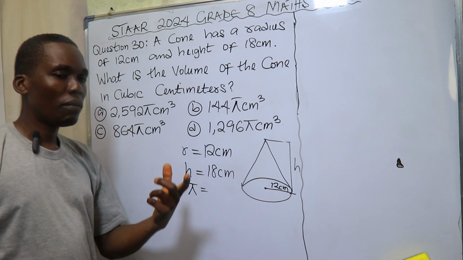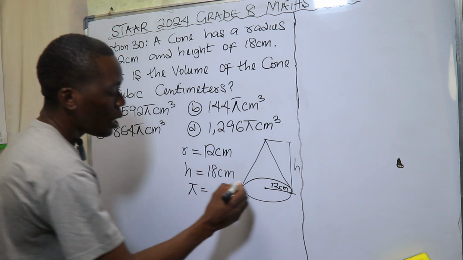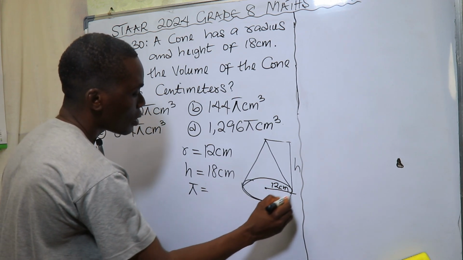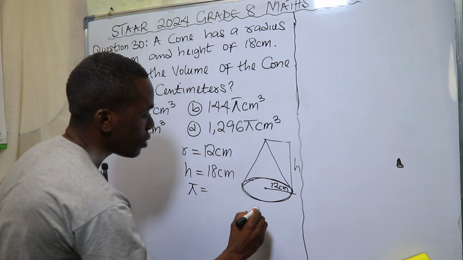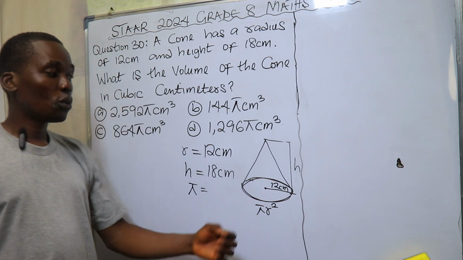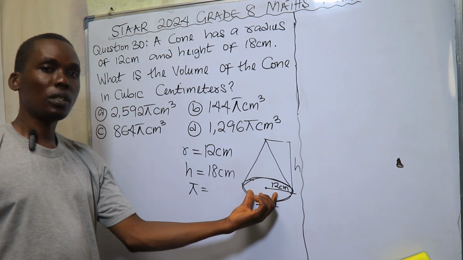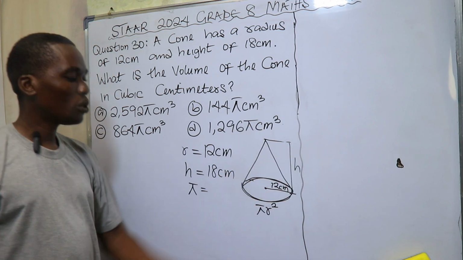Remember the formula for your cone. A cone is made up of a circle, and the area of a circle is pi r squared. So we calculate the area of the circle, and the volume of the whole cone also includes the height.